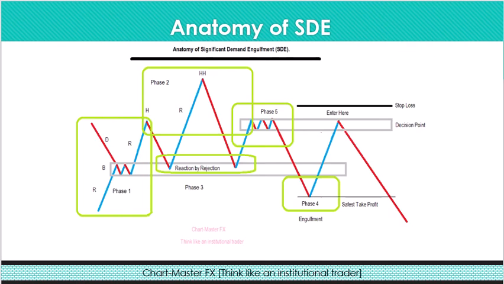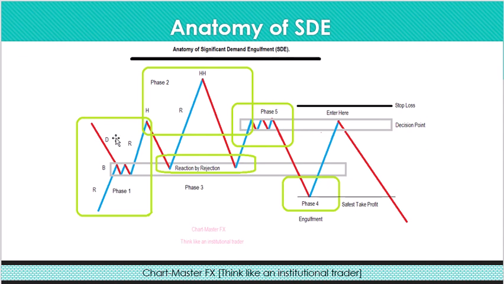As you can see, guys, on the anatomy of the SDE, we have phase 1, phase number 2, phase number 3, phase number 4, and phase number 5. On phase number 1, the market may be coming from a rally base rally, which is what we call RBR, or the market may be coming from a drop base rally.